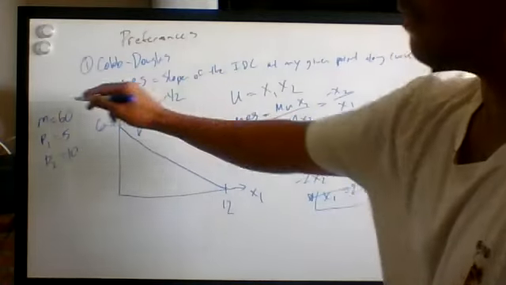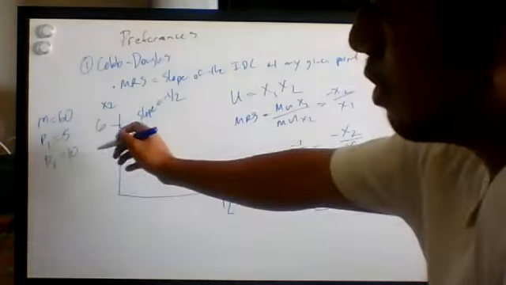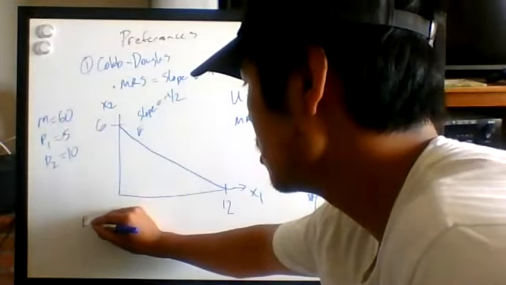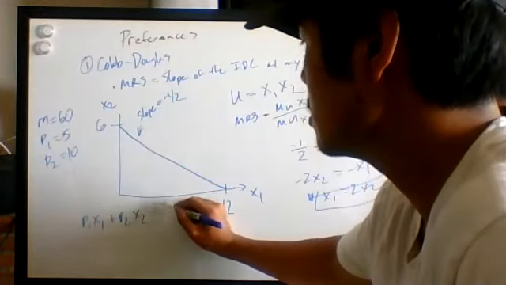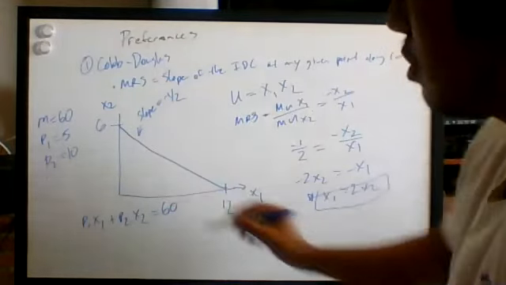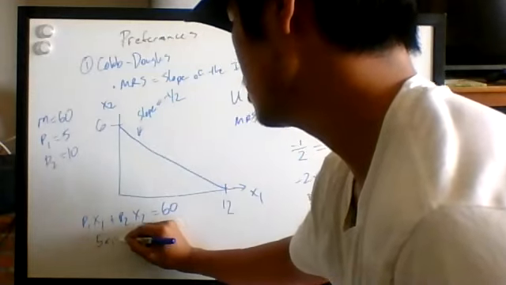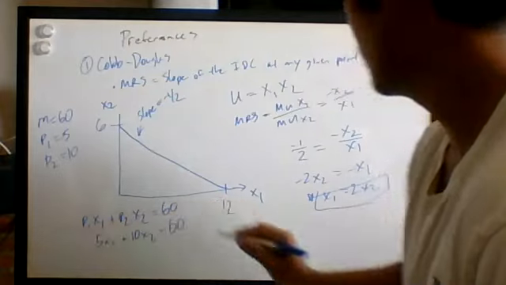Now, because I have this information, I can write it down as a budget constraint: P1 x1 plus P2 x2 is equal to 60. I know what P1 is and I know what P2 is, so this becomes 5x1 plus 10x2 is equal to 60.